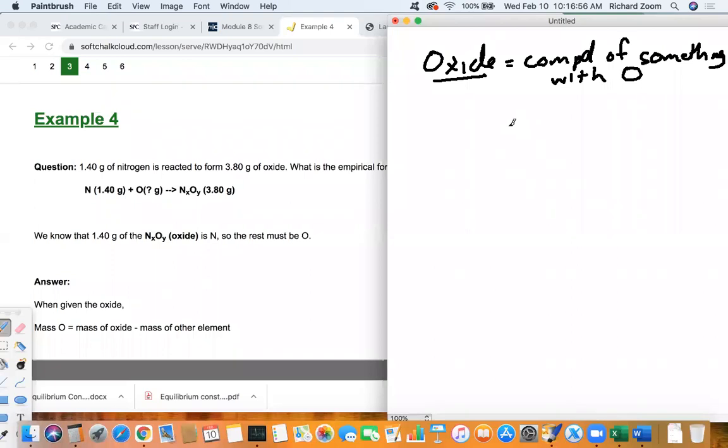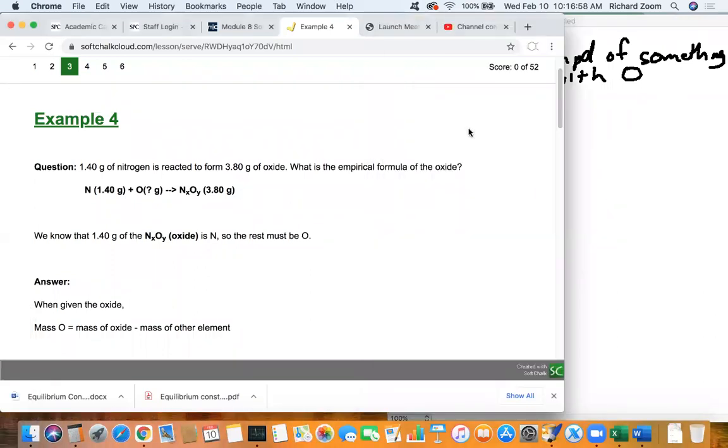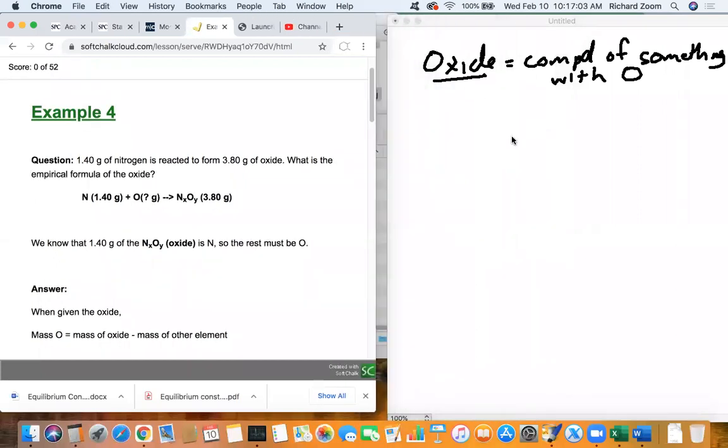That's all. So if I'm told that 1.40 grams of nitrogen is reacted to form 3.80 grams of oxide, then what I'm doing is I'm taking nitrogen, adding oxygen to it, and getting an oxide which weighs that number of grams.